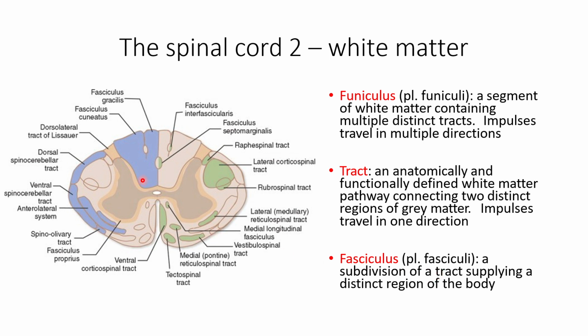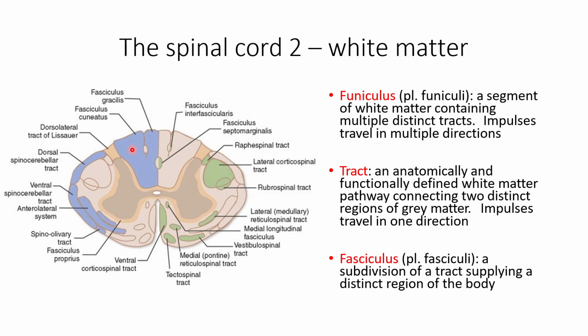Now, in later lectures, we'll study the major pathway within the dorsal funiculus, which is known as the dorsal column tract, and that tract is split into two fasciculi, the fasciculus cuneatus sitting laterally and the fasciculus gracilis sitting medially. The gracile fasciculus sitting medially supplies the lower half of the body, whereas the cuneate fasciculus sitting laterally supplies the upper half of the body. So a fasciculus is a subdivision of a tract, usually supplying a distinct region of the body.